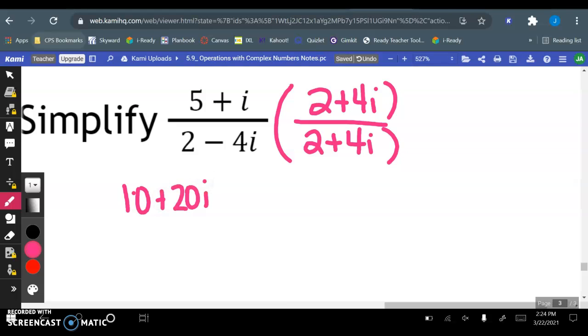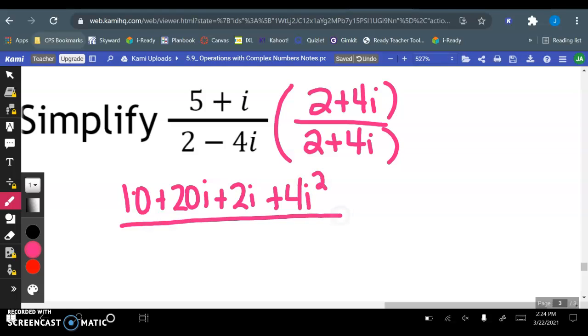And then i times 2 is going to be 2i. And last, 4i times i is going to be 4i squared. And then at the bottom, 2 times 2 is going to be 4. 2 times negative 4 is going to be negative 8i. And then 4i times 2 is going to be a positive 8i. And 4i times negative 4i is going to be negative 16i squared.